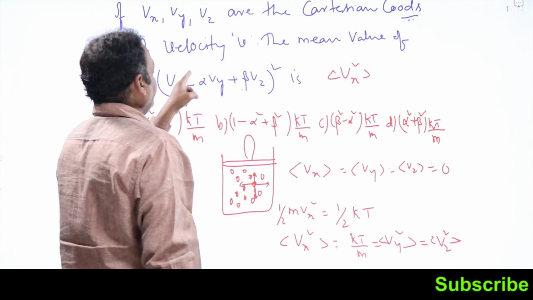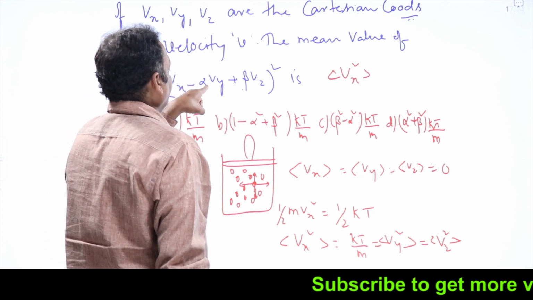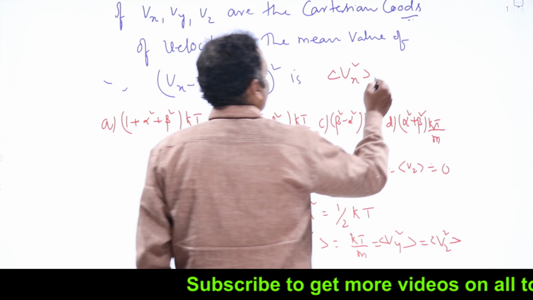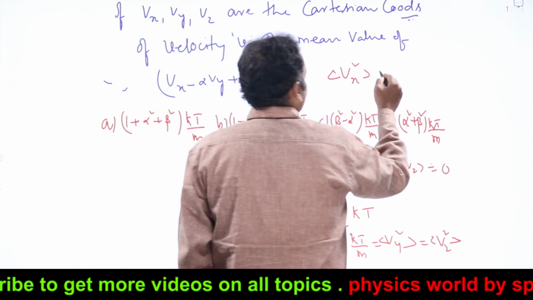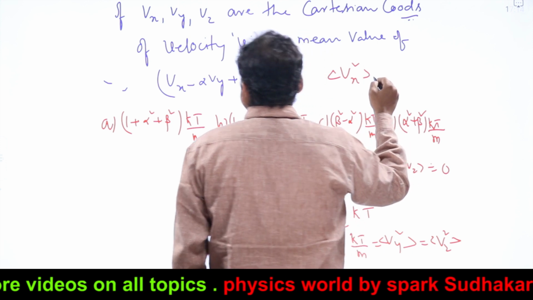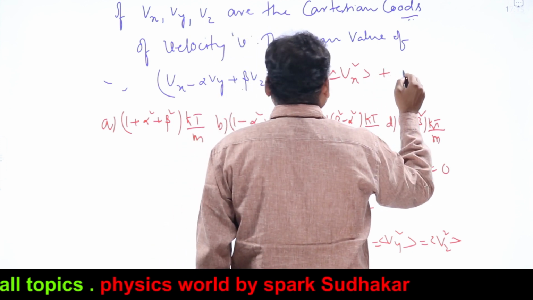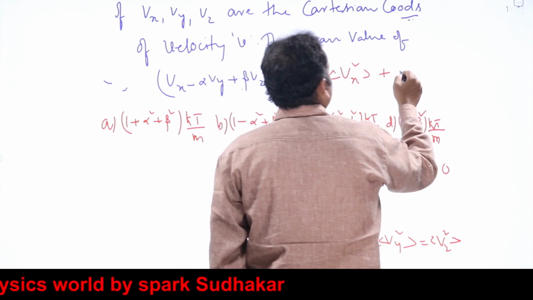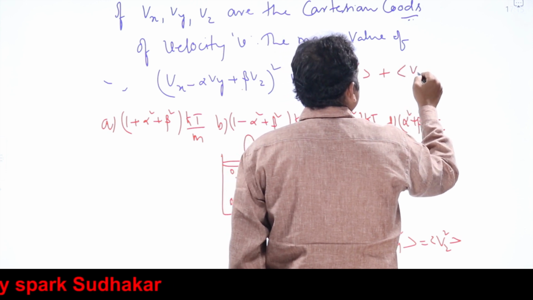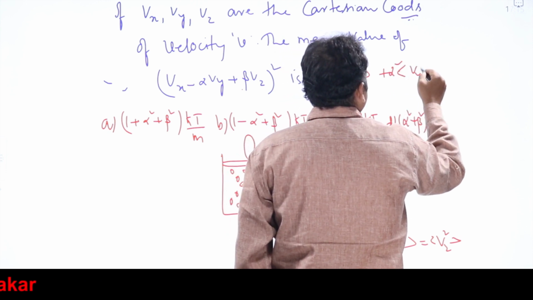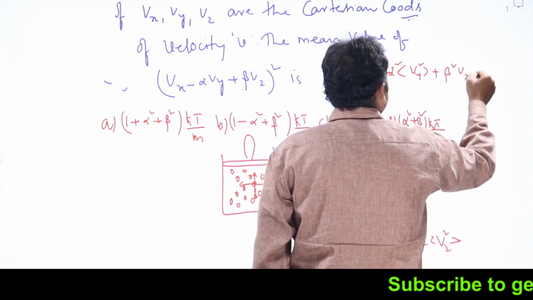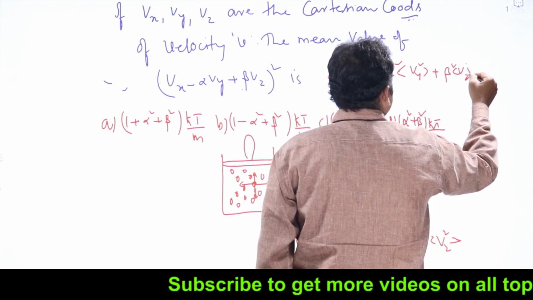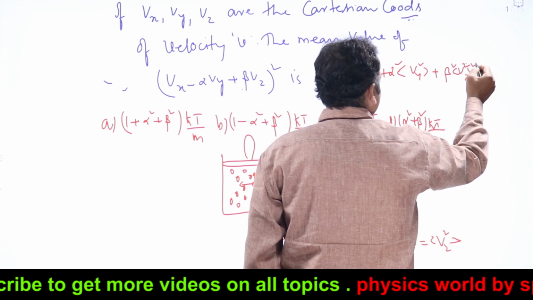B is nothing but minus alpha Vy, so B square is alpha square Vy square. So we get the expectation value of Vx square plus alpha square Vy square plus beta square Vz square.